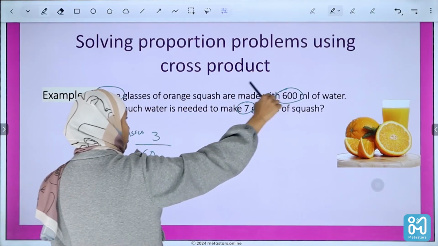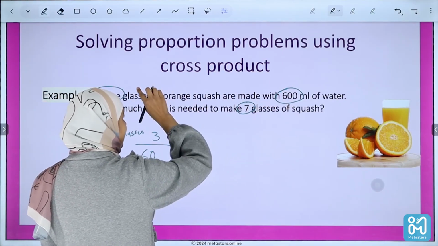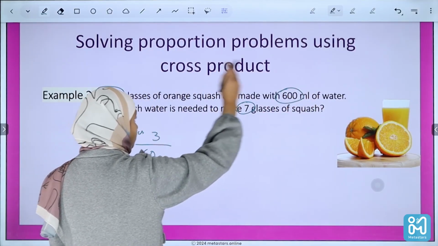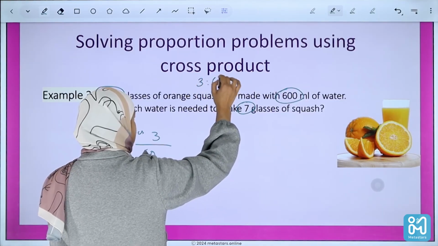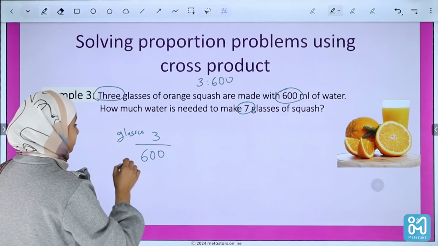You can make a ratio by reading the first sentence. It's glasses to water, number of glasses of orange to water. So it's 3 over 600, and I wrote it immediately as a fraction.